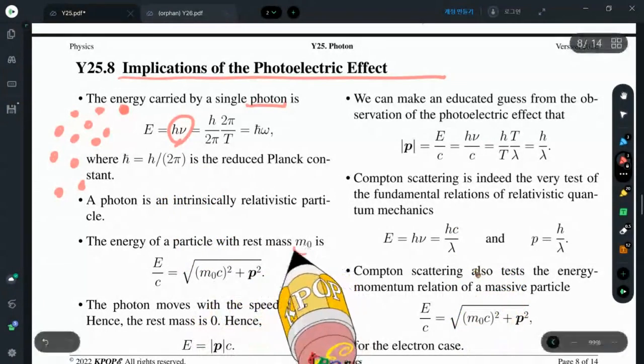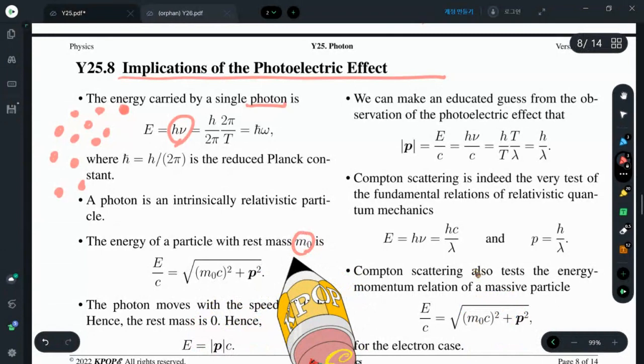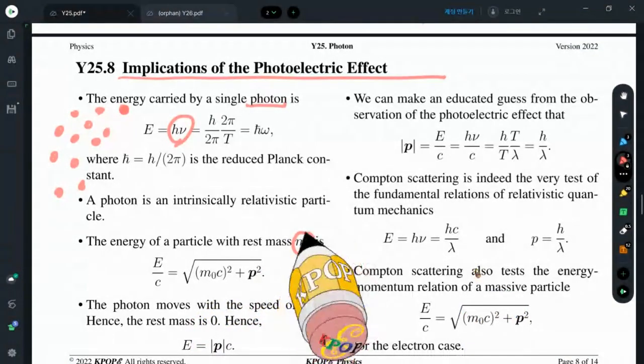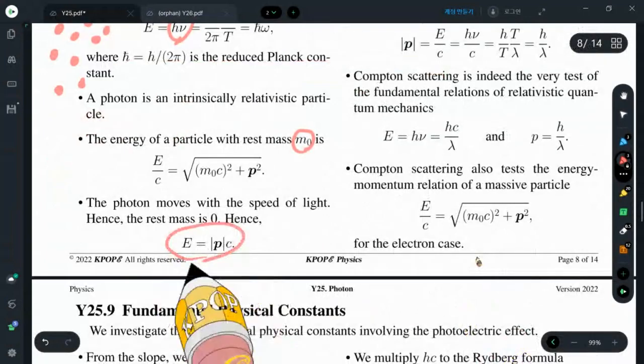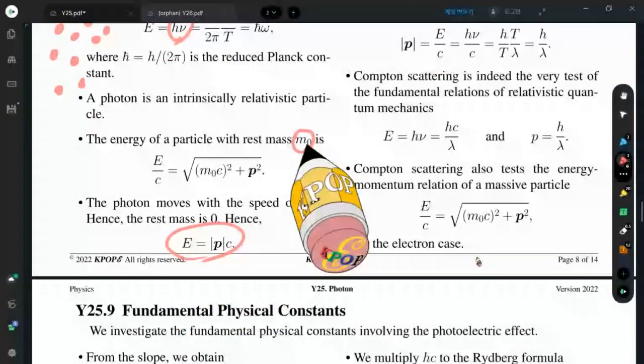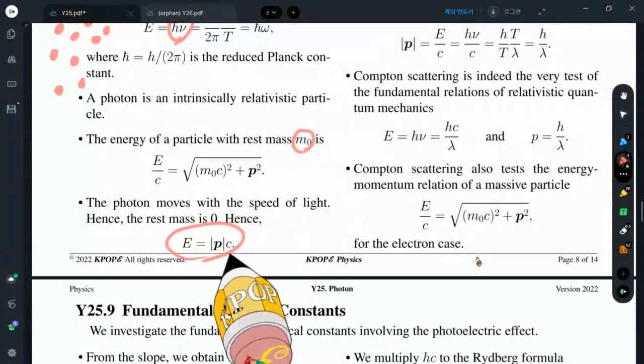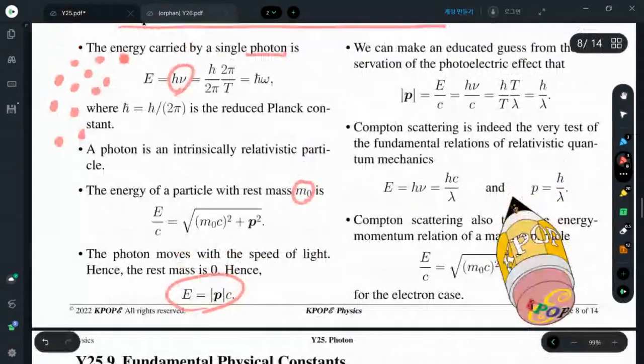And if you consider the rest mass of a photon, it should be 0. And from this relation, you find that the energy of a single photon is proportional to the magnitude of momentum.